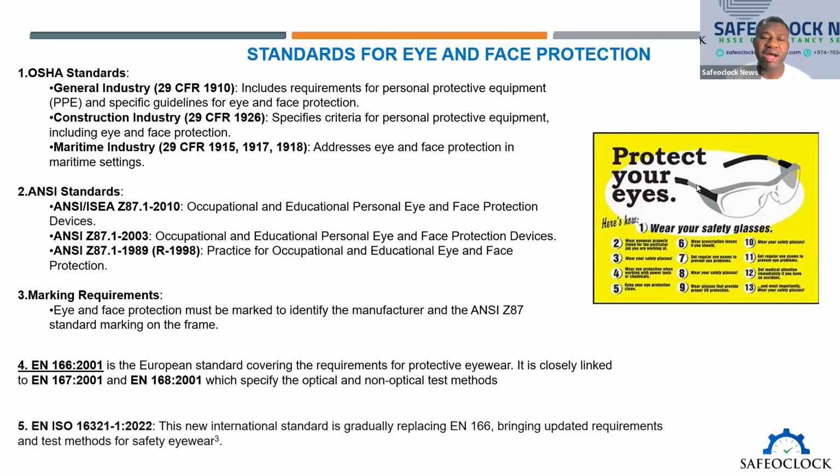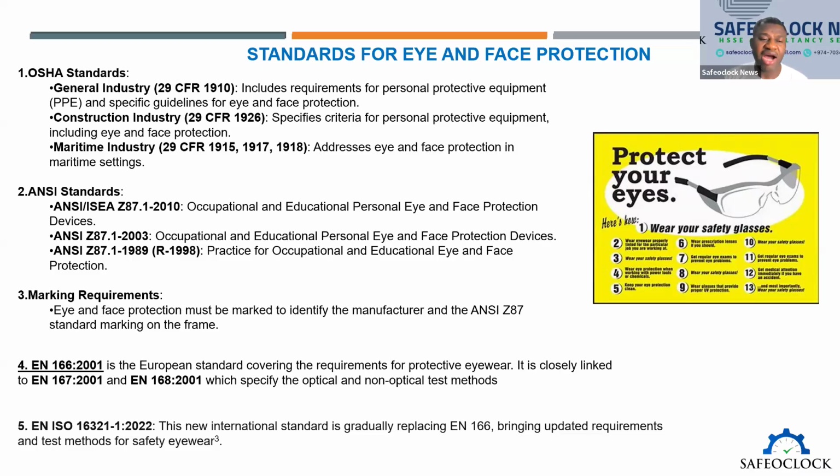So the EN requirement, that is the European standard, is EN 166:2001. This standard provides all the requirements for protective eyewear. EN 167:2001 and EN 168:2001 also have specific requirements for optical and non-optical test methods for eye protection.